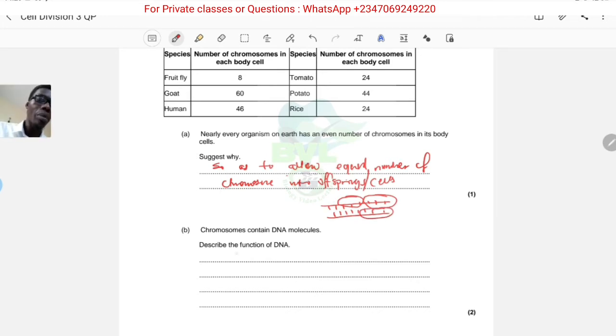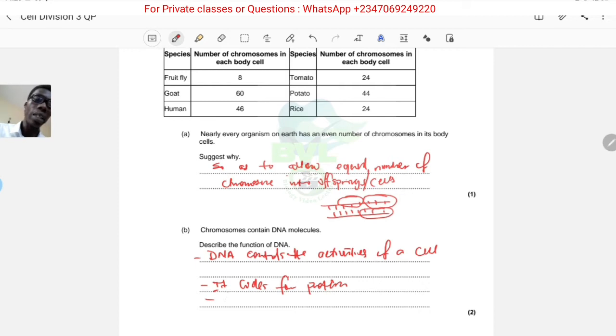So describe the function of DNA. Okay, DNA controls the activities of a cell. It codes for protein.